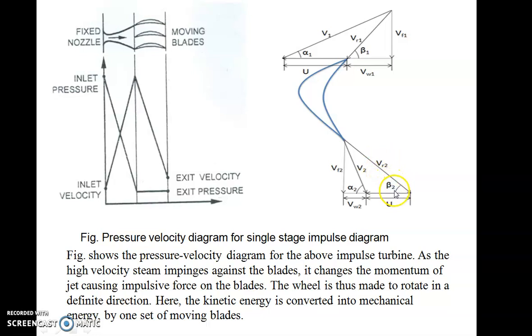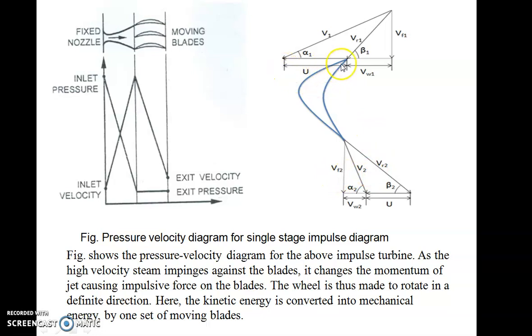It is making an angle phi in hydraulic turbine, but here it is beta 2. Then this is v2, which is your absolute velocity, making an angle alpha 2, which was beta in hydraulic turbines, and vf2 is the axial velocity. So the usual terminology is there: vr1, v1, vf1, and vr2, v2, vf2.